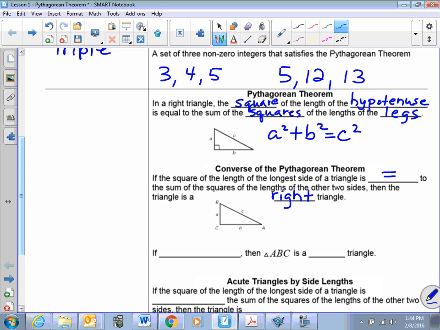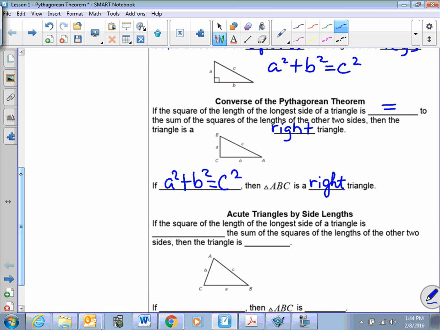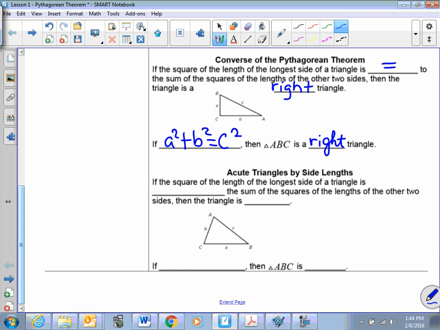So if a squared plus b squared equals c squared, then triangle ABC is a right triangle. And of course you would have to be able to use both the theorem and its converse as a reason in a proof.